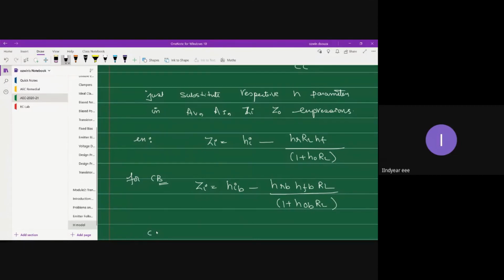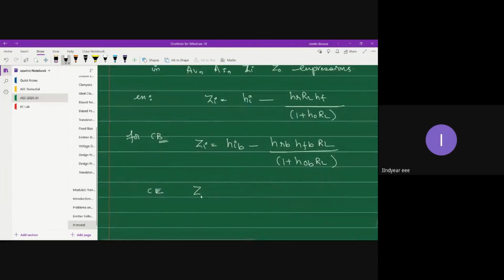On the other hand, for the common emitter configuration, the same impedance becomes Hie minus Hre Hfe RL divided by 1 plus Hoe into RL.